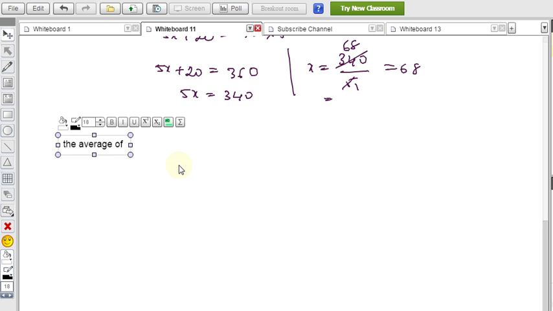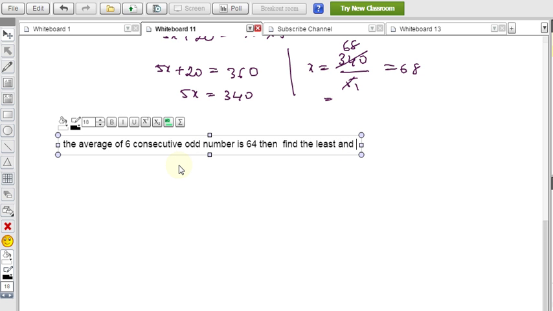The average of 6 consecutive odd numbers is 64. Then find the least and highest. So both the highest and least we'll find out.